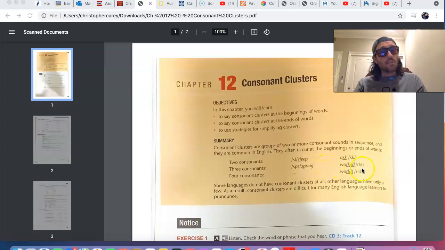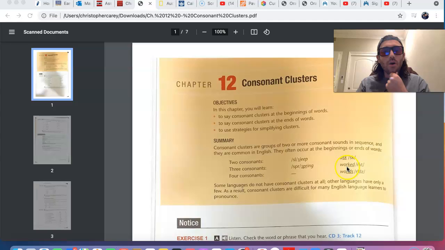And another example, we saw this in chapter 4 when we were talking about grammatical endings. The ED grammatical ending has this consonant cluster at the very end. For example, worked.